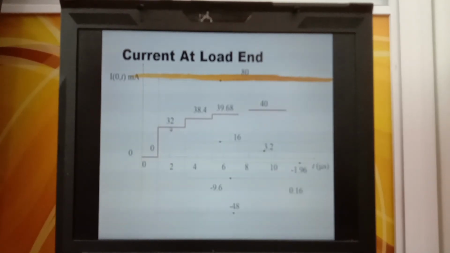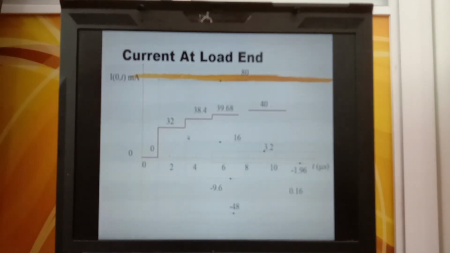And then some wave is reflected back. The reflected current is minus 48 milliamp. And when this wave reaches the generator, it is reflected again. The reflected current is 16 milliamp.